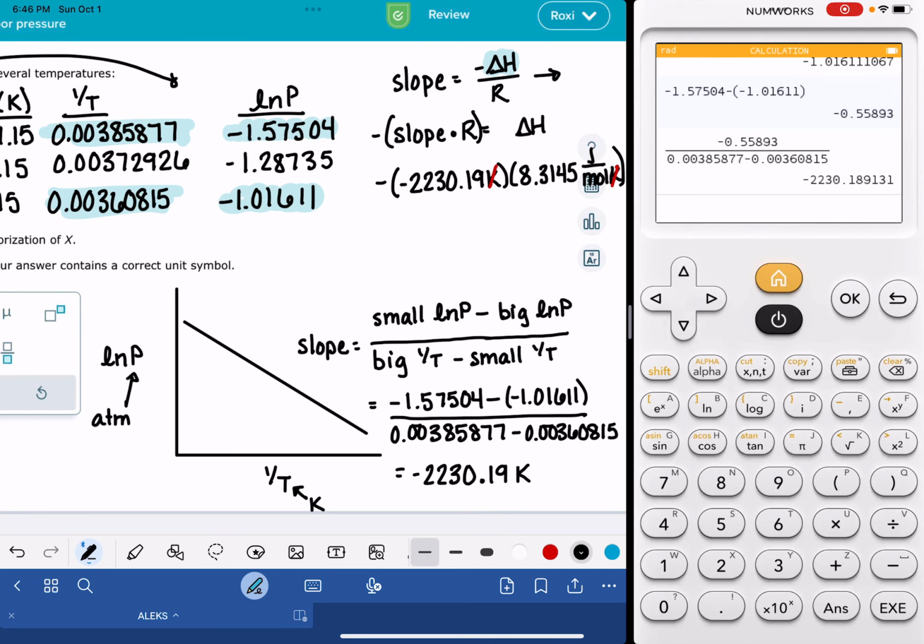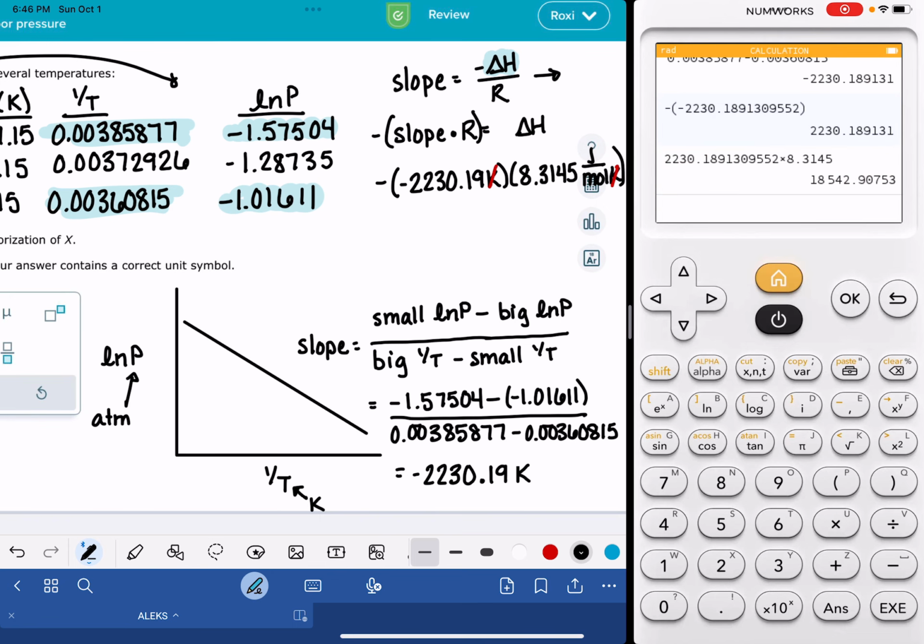So I'm going to take the negative of my answer, and then I am going to multiply it by 8.3145. And that gives me positive 18,542.9. My units are joules per mole.